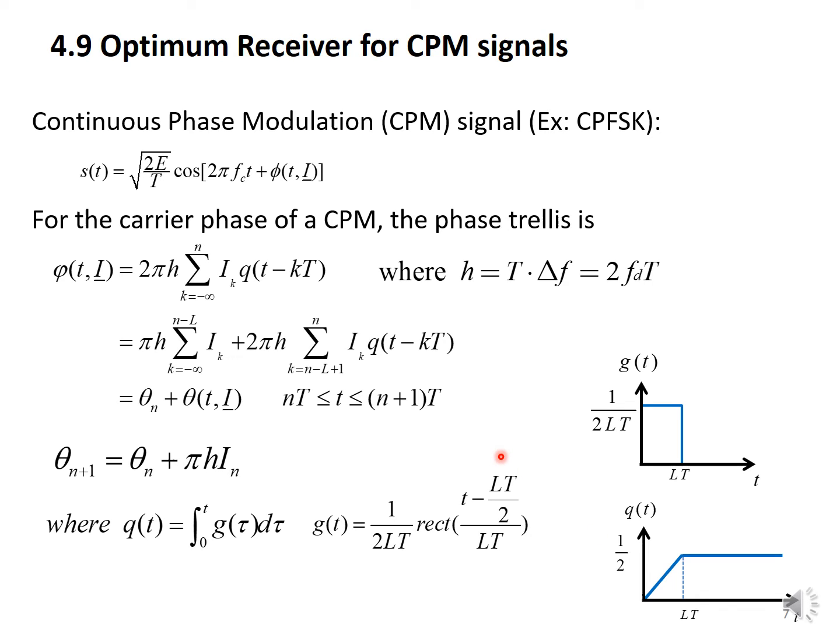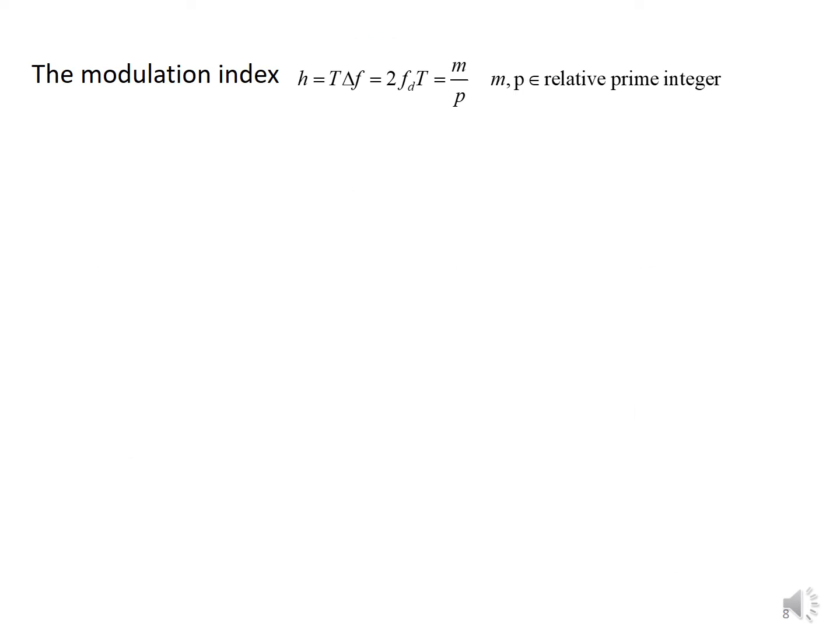Okay, and so after the finishing of the pulse, we have the full accumulation of all the pulses. Here the modulation index h is T times delta f, or 2 f_d T, where f_d is the frequency deviation of MFSK.